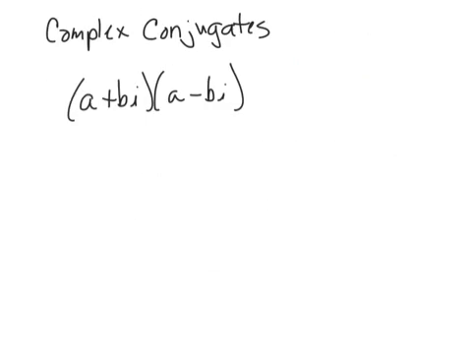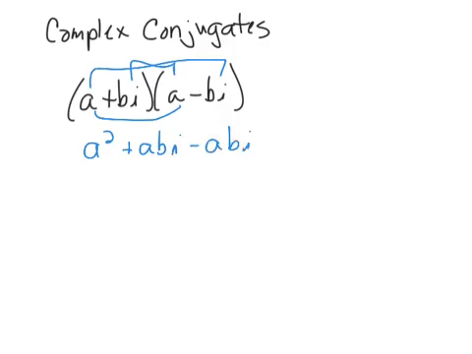Finally, we're going to look at complex conjugates. Complex conjugates are when you have the same coefficients but opposite signs. And what happens when you multiply complex conjugates is it's a way to get rid of the imaginary part. Because if I were to multiply this out, I would have a squared, and then I would have a times bi, and negative a times bi, and then I would have the last term, which is b times negative b times i squared.